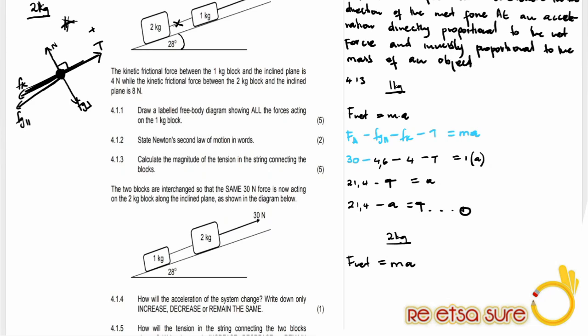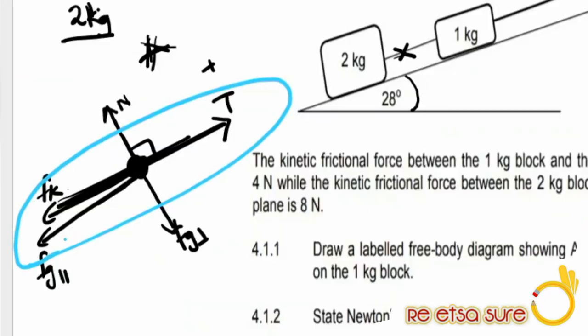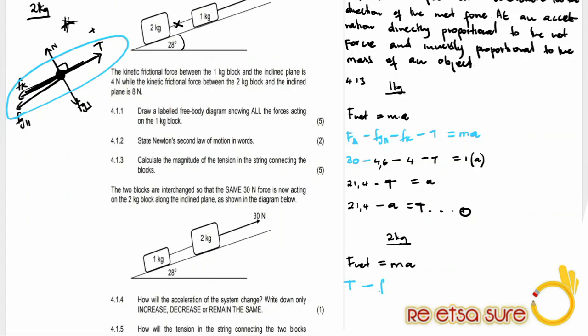How many forces are acting parallel to the surface? I'm having about 3 forces. As you can see, T now is moving upwards, meaning T is going to be positive because it's the one that is pulling the 2 kg block upwards, and then our FK and our weight parallel will be negative. So I'm going to have T minus FK minus FG parallel is equal to MA.